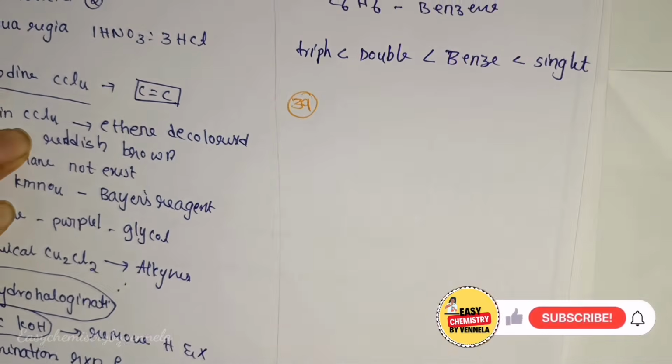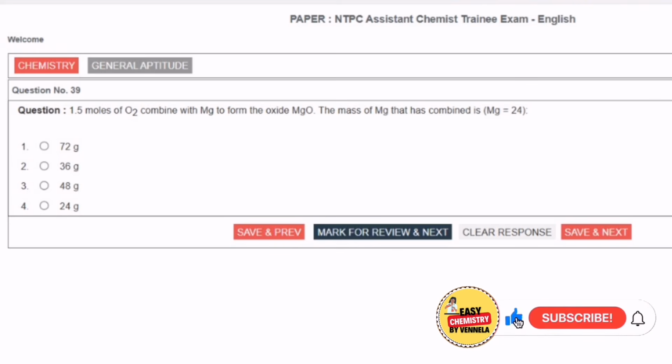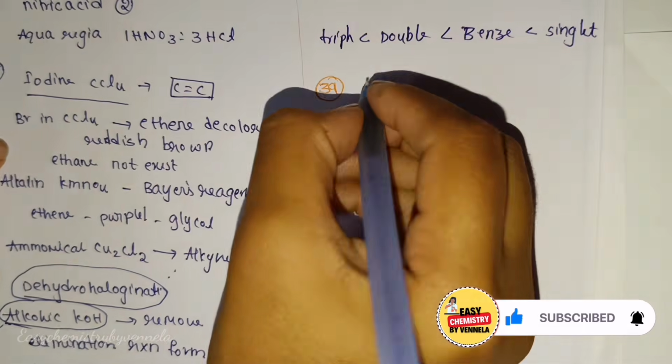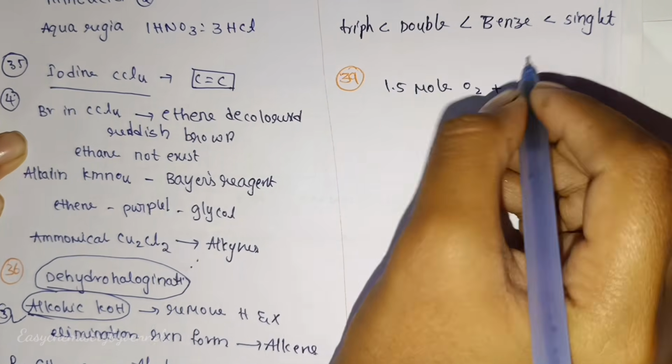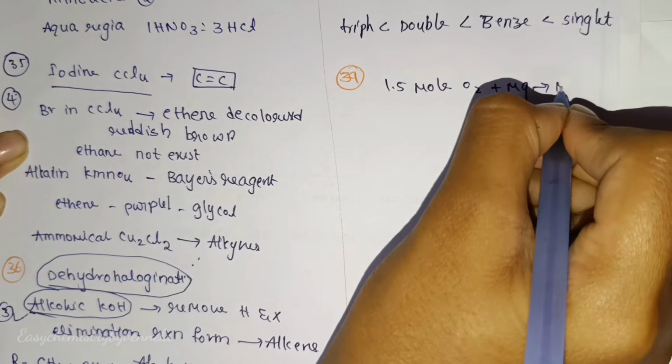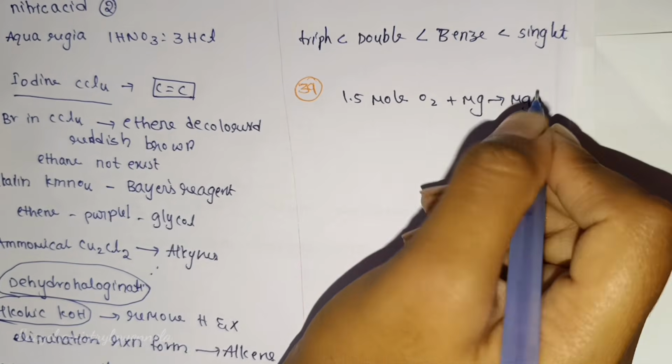Next question. 1.5 moles of O2 combines with magnesium to form the oxide MgO. The mass of magnesium that has combined is here. 1.5 mole of O2 reacts with Mg to form magnesium oxide.